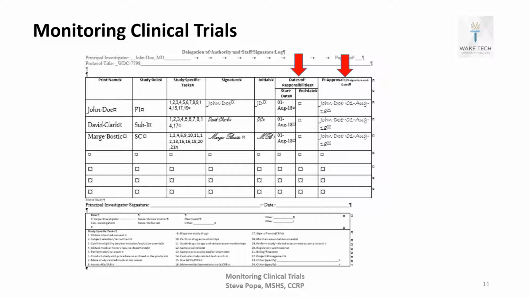In some cases, they may or may not be the same day. They might be a little bit different, but it's important that the PI sign off on each of these delegated tasks so that we're confident that they've reviewed that and they have delegated a task to someone who is qualified to perform that task.